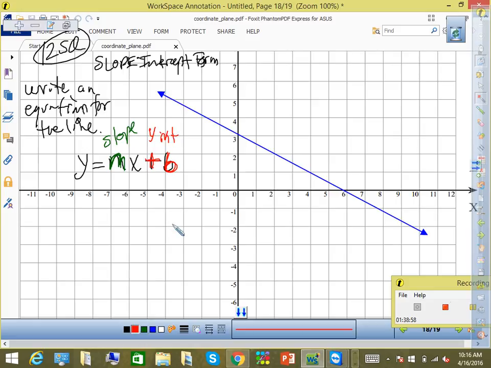Are we there so far? Okay. So the first thing we need is the y-intercept. Where is this line crossing the y-axis?